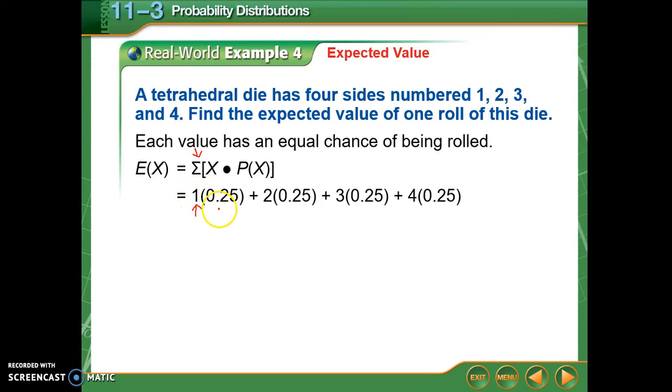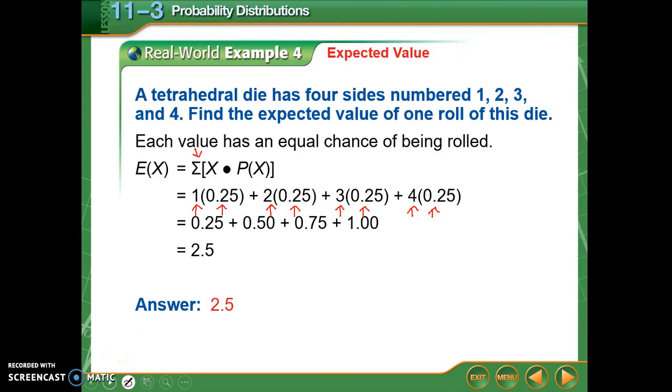What's the chance of getting a 1? There's the probability, 1/4 or 0.25. What's the chance of getting a 2? 1/4 or 0.25. What's the chance of getting a 3? So notice I'm taking each outcome times its probability and adding them all together. So my expected value is 2.5.